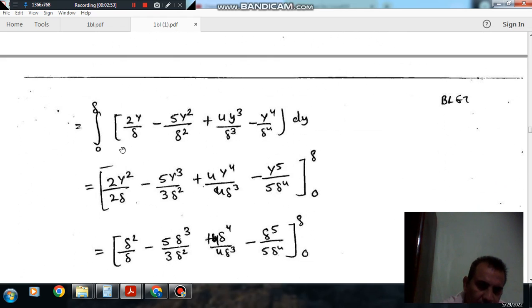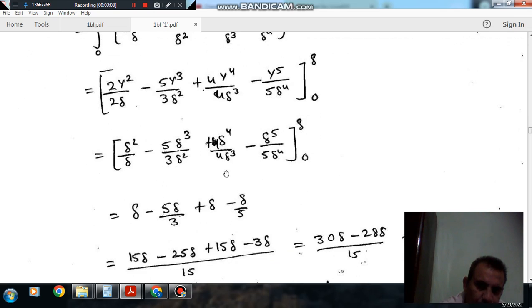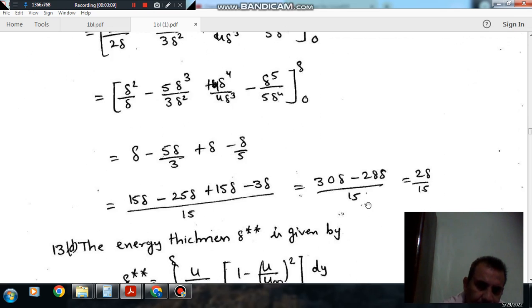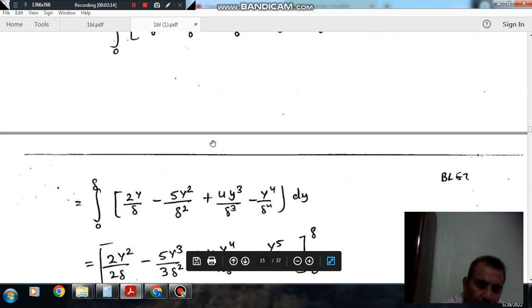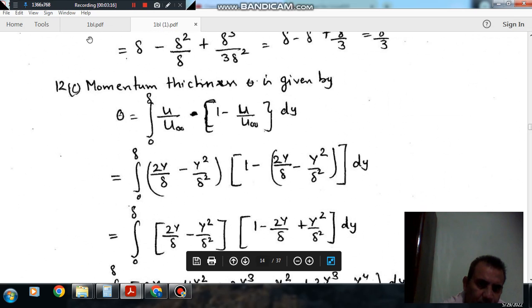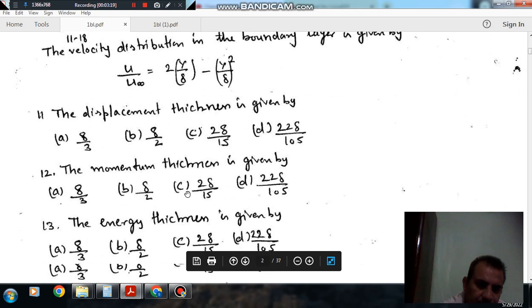So integrating it, that will be 2y square by delta minus 5y cube by delta square plus 4y 4 by delta 4 minus y 5 by 5 delta 4. So putting the limit, we can get momentum thickness as 2 delta by 15. So the answer is option C.